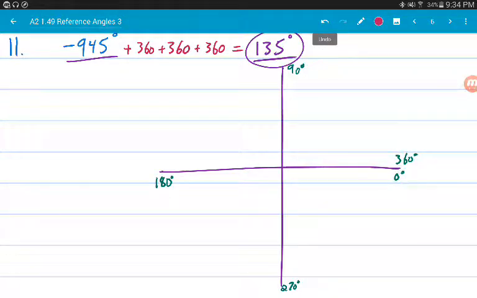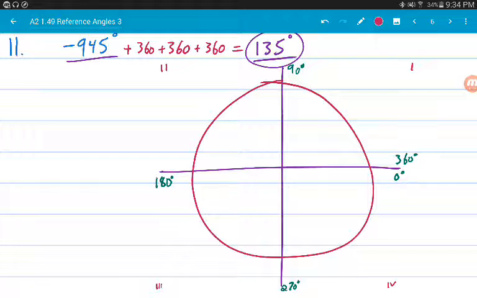That's going to be in the second quadrant. Remember, the quadrants are 1, 2, 3, and 4. So I drew my unit circle on, and I'm going to draw my angle for 135 degrees in this quadrant because it's in between 90 and 180. So I draw the angle.